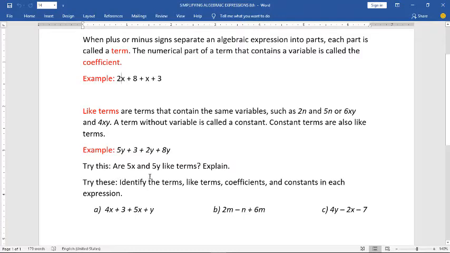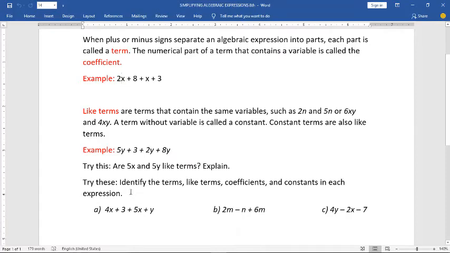No, they aren't like terms because they do not contain the same variables. As you can see, the first term contains the variable x and the second one contains the variable y. So they are not like terms because they don't contain the same variable.